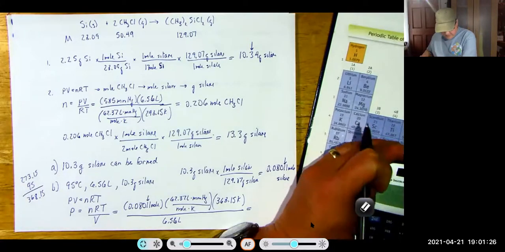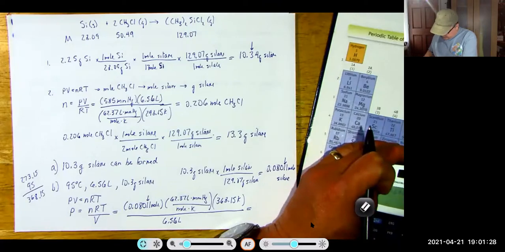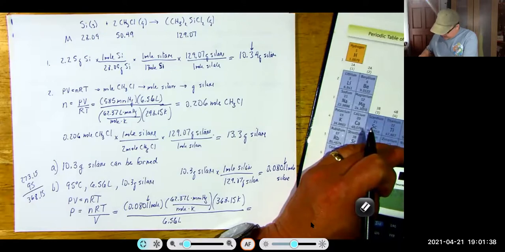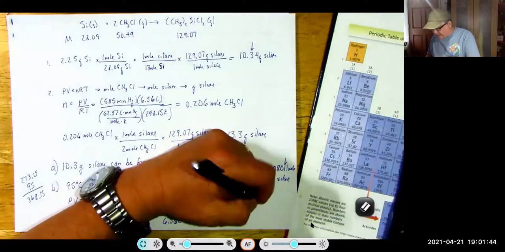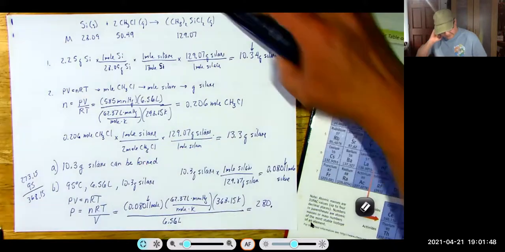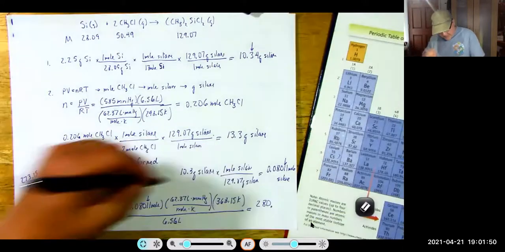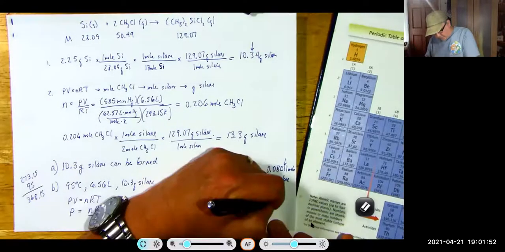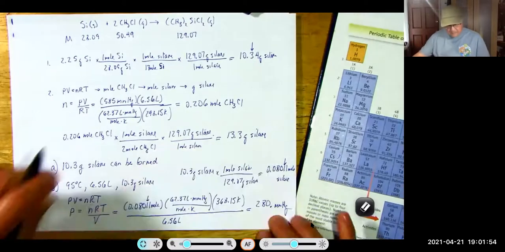So times 62.37 times 368.15 and divided by 6.56. And I get 280 point, because we want 3 sig figs, and that's millimeters of mercury.